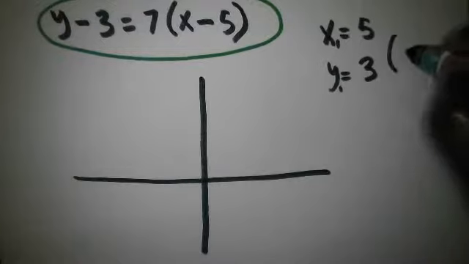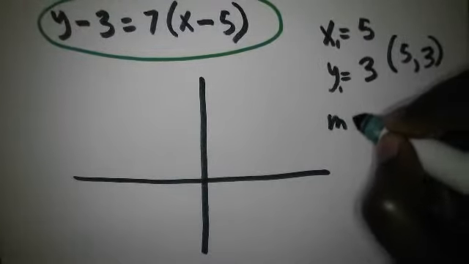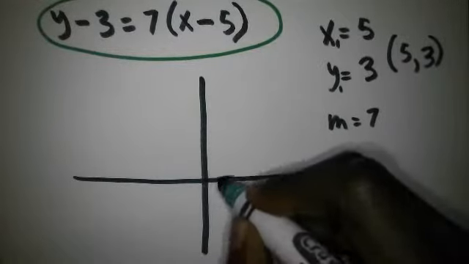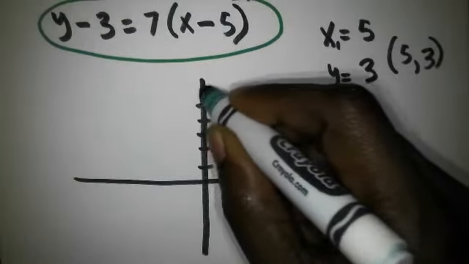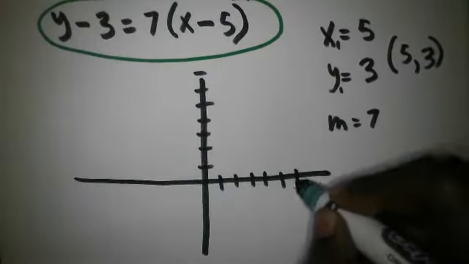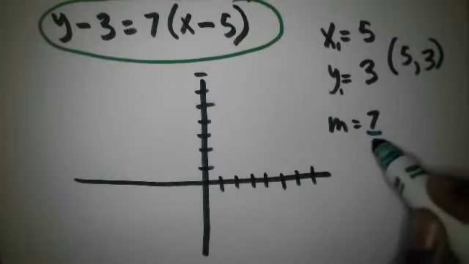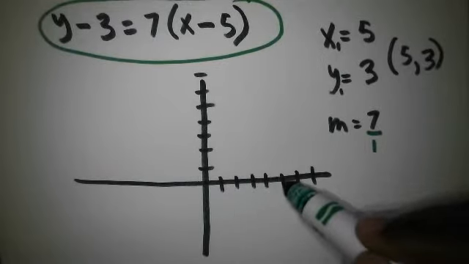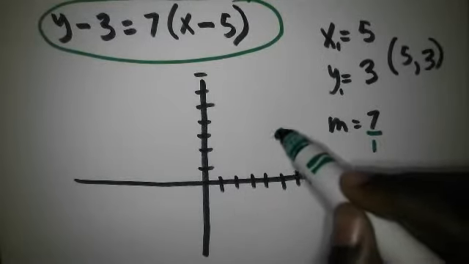So our coordinate is 5, 3, and our slope is just 7. So graphing 5, 3, know that this is 7 over 1. So let's put the point at 5, 3: 1, 2, 3, 4, 5, and up 1, 2, 3. Here's where our point starts.